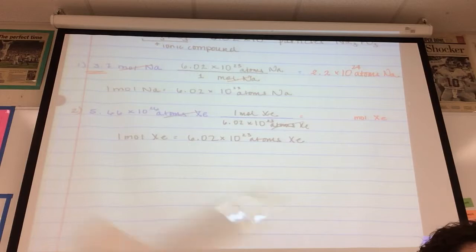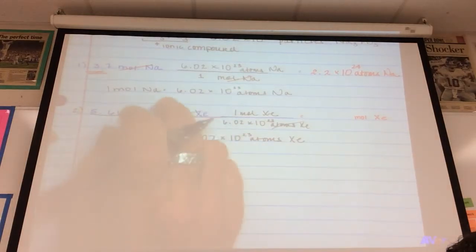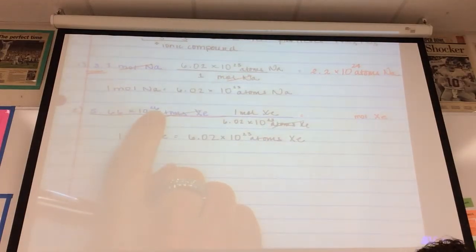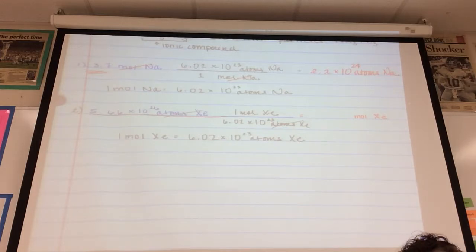Now this is like one big fraction, so you're essentially going to divide this by that. Make sure your answer makes sense as well. You have 10 to the 26th divided by 10 to the 23rd. When you divide exponents, you subtract them. So this should be in the 10 to 2 or 10 to the 3rd range. Be careful there.